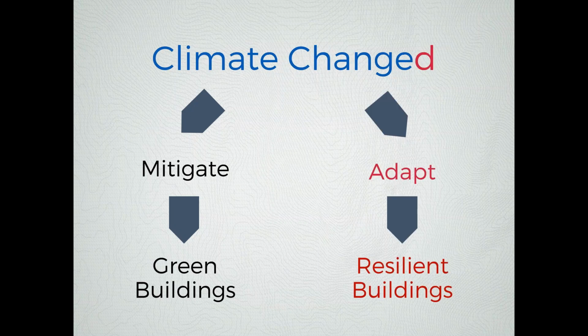But growing evidence has already shown that the climate has changed. So while we are still working to mitigate against additional climate change, we now also have to adapt to our changing climate. I don't know where everyone's calling in from, but I'm sure everyone's experienced more extreme weather conditions. You'll often hear people refer to shocks and stressors.